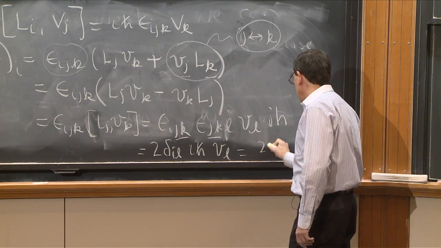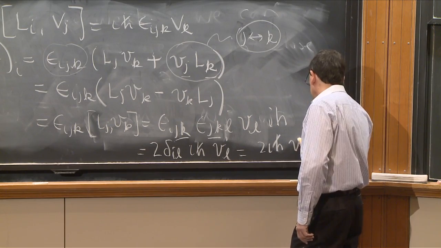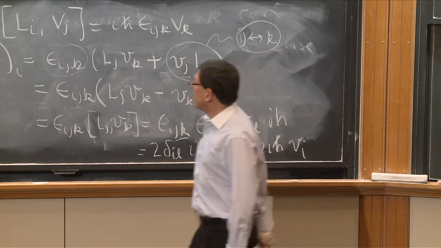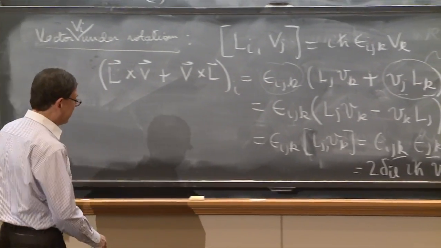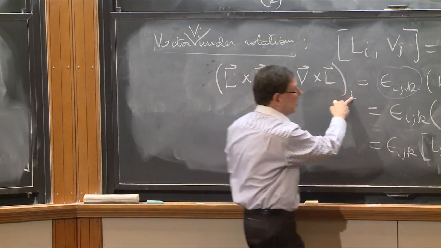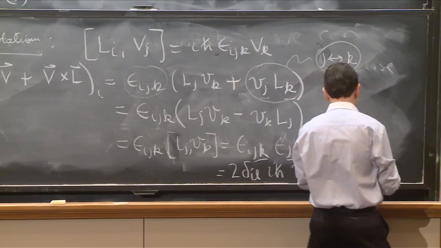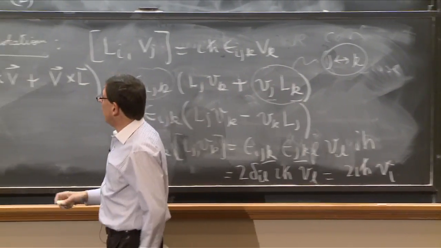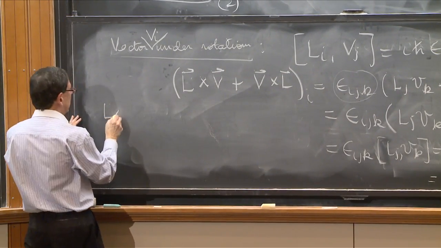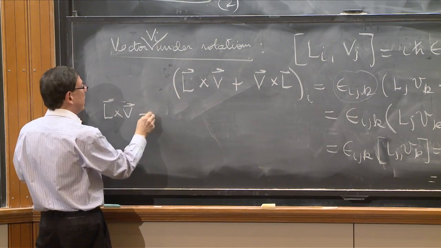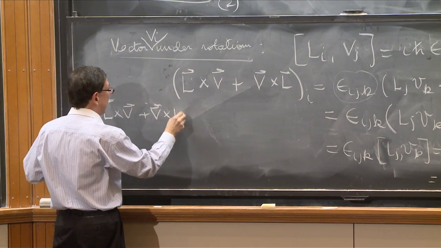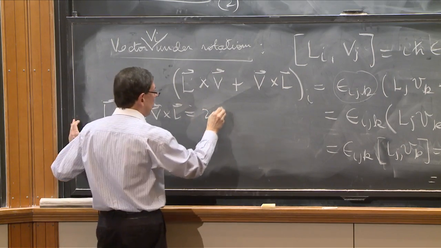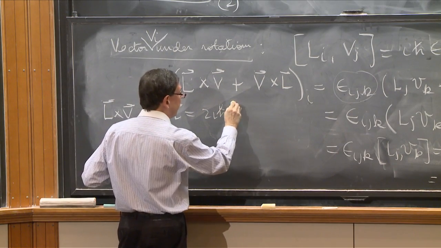So this is 2 i h bar, VI. So this whole thing, the ith component of this thing using this commutation relation is this. So what we've learned is that L cross V plus V cross L is equal to 2 i h bar V.